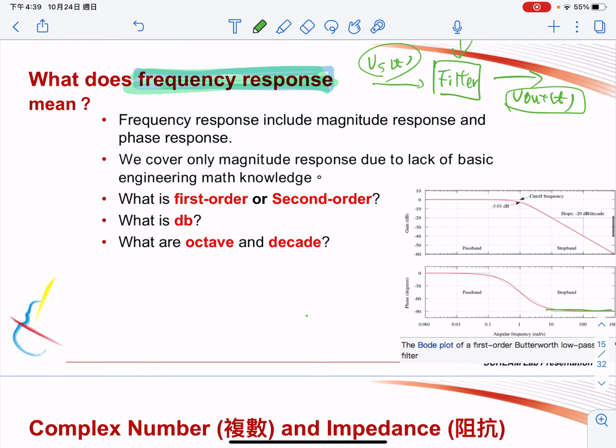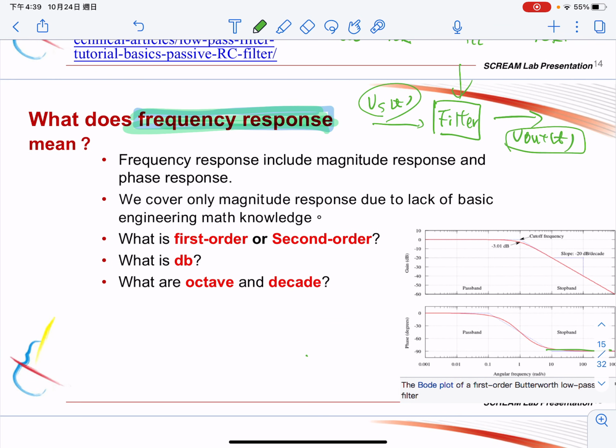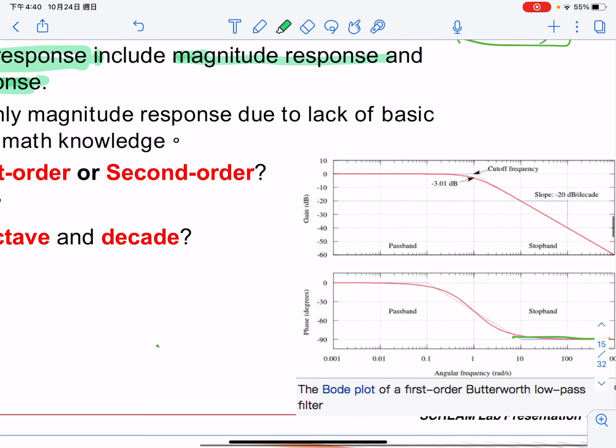There has to be some spec to describe the filter, and one way is to use the magnitude response and the phase response. Because it is measured in the frequency domain, meaning the x-axis is frequency, we call it the frequency response.